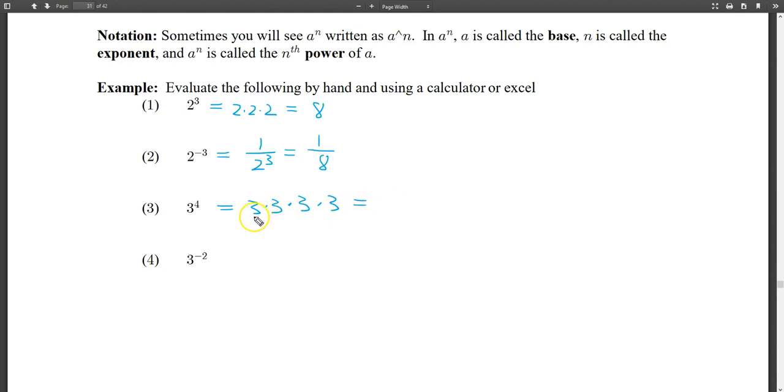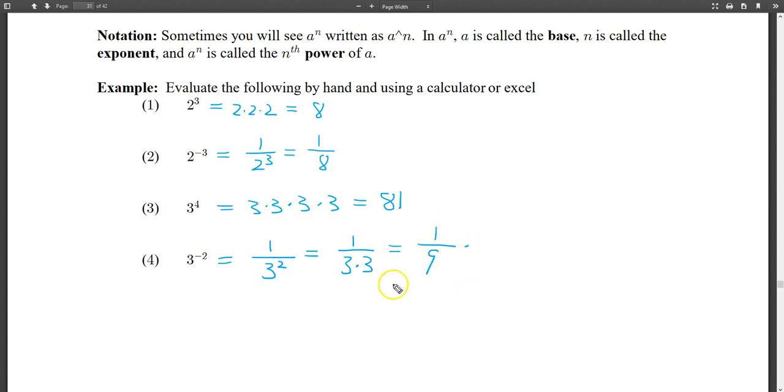This is 9, and this is 9, so that's going to be 81. 3 to the negative 2 power would be 1 over 3 to the positive 2 power, and so that's going to be 1 over 3 times 3, or 1/9.